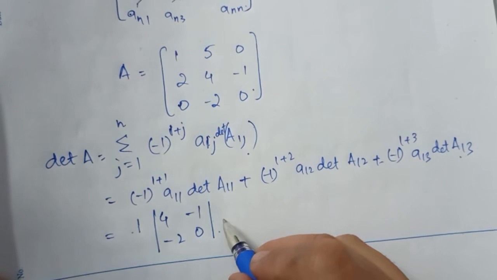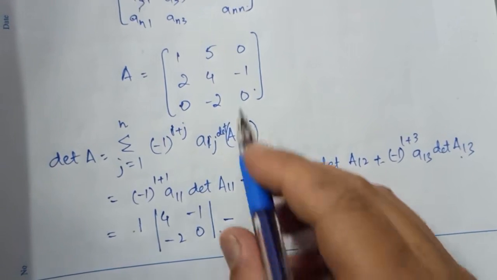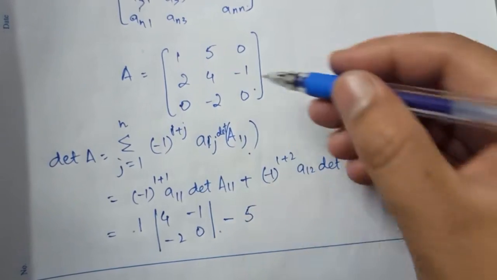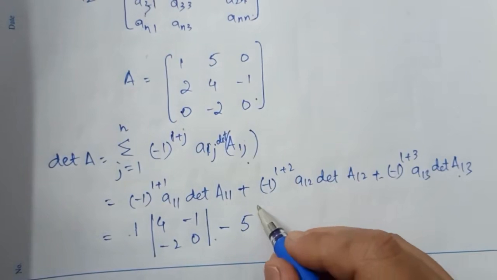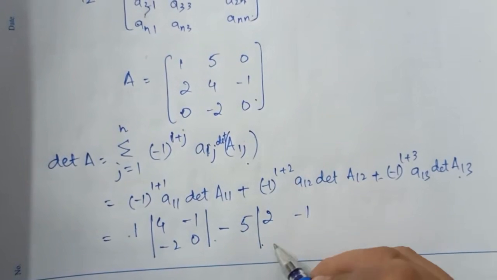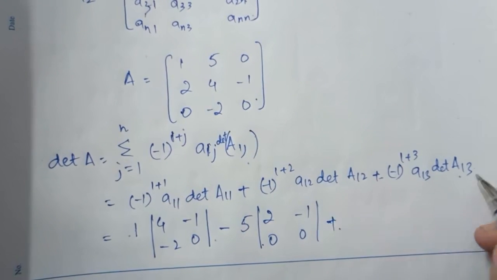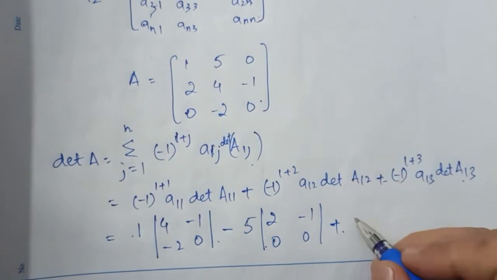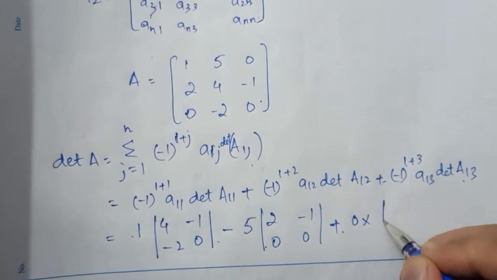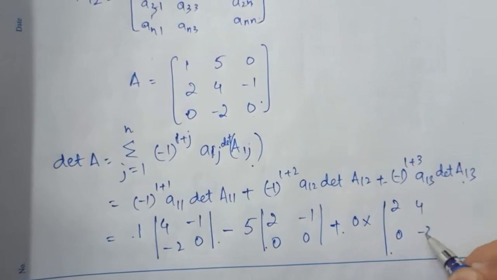Then you have minus, since minus 1 to the power 3 is minus, A12 here is 5, times the determinant with the rows 2, minus 1; 0, 0. And then plus A13, which is 0, first row, third column, times the determinant of 2, 4; 0, minus 2.